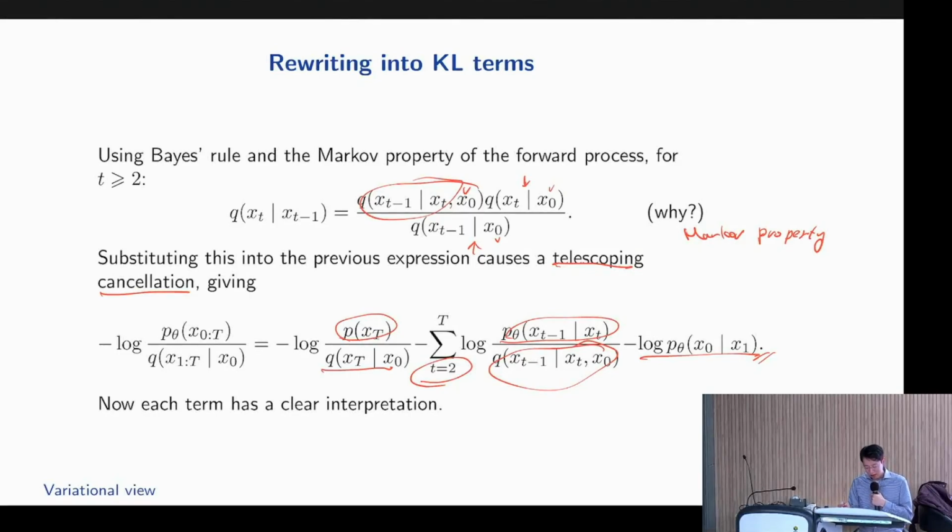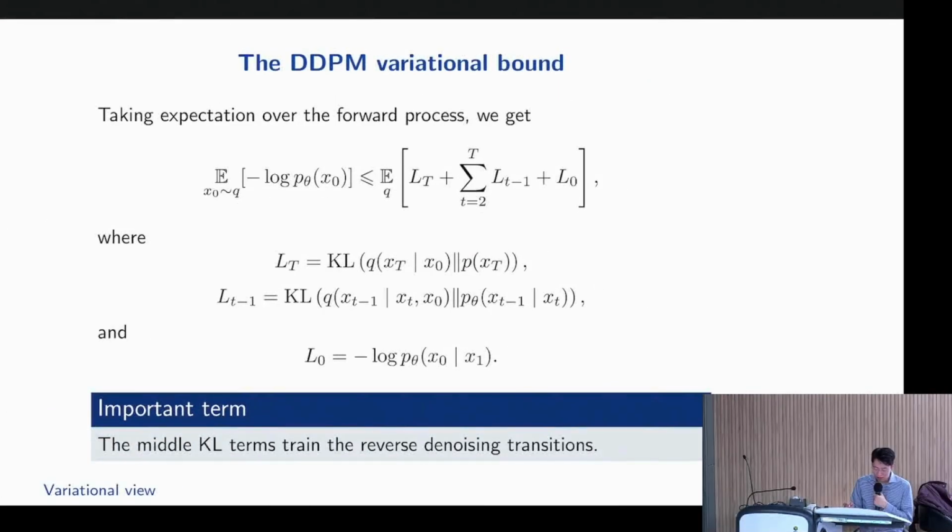Okay, so we can see the first term doesn't have any parameters. And the second term looks like it's going to be the bulk of the formula. This guy only depends on x0 and x1. So let's rewrite it in the following way. So the expected negative log likelihood is upper bounded by Jensen's inequality, sum of 3 terms.